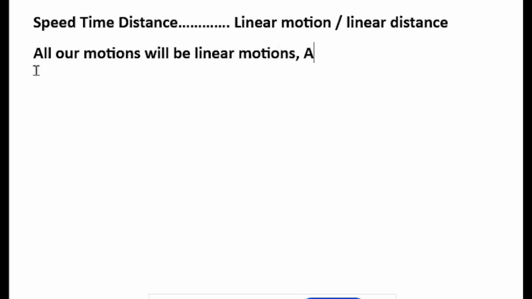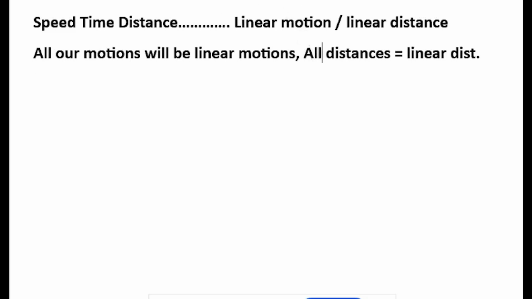So all distances will be linear distances. What is the meaning of linear? In a line, in one line, not in a circle. So all our motions will be in a straight line.